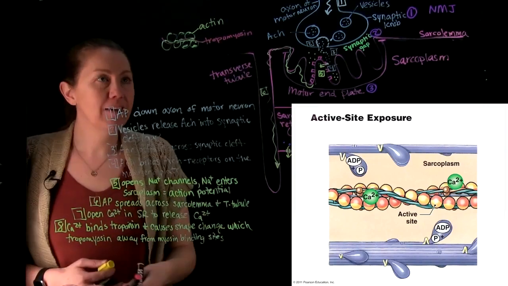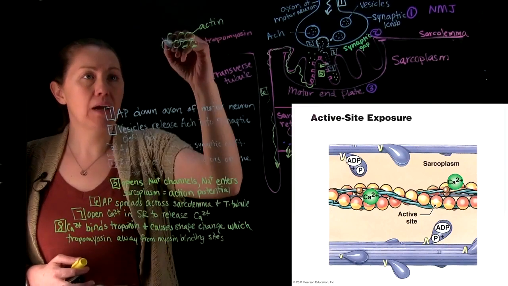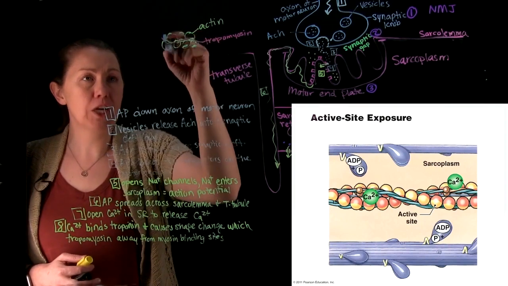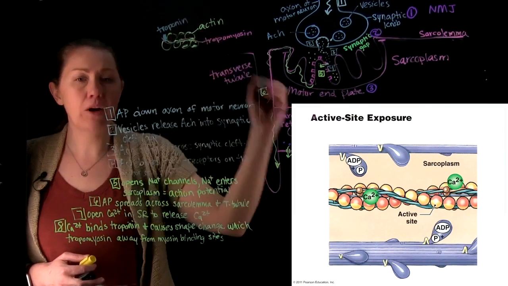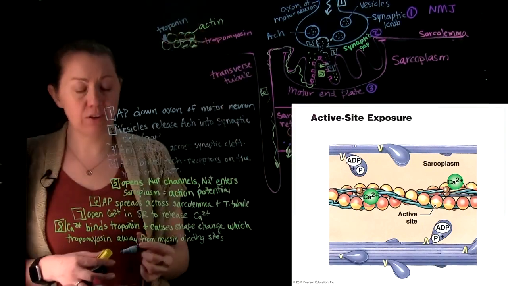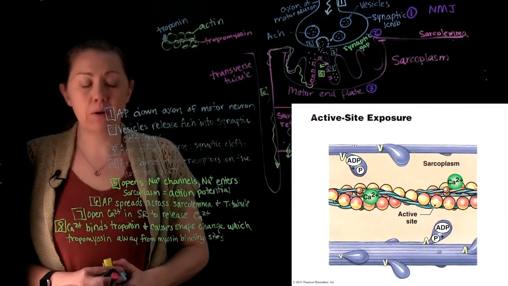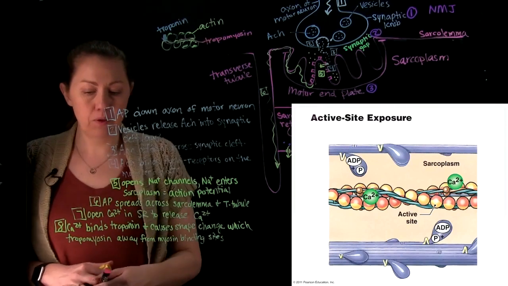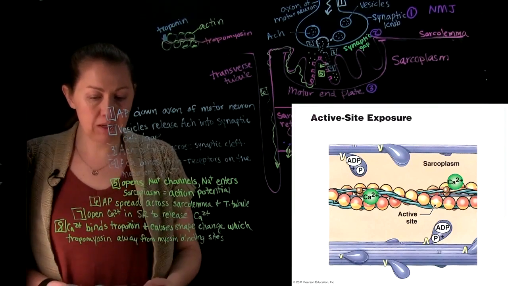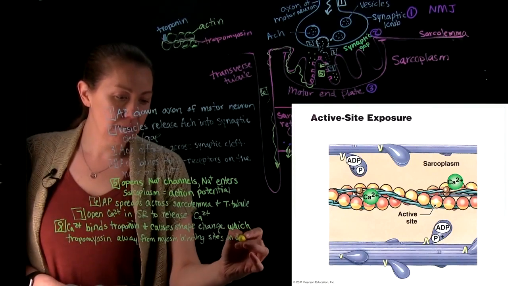I'm still drawing it. So we have tropomyosin, that's the rope that's in the way. And then we have the little handles that'll change shape. That's the troponin. So that's what we had going on there. The calcium's attached to the troponin. It changed its shape to move the tropomyosin away from those binding sites on your thin filament, on your actin. So tropomyosin is moved away from myosin binding sites on actin.